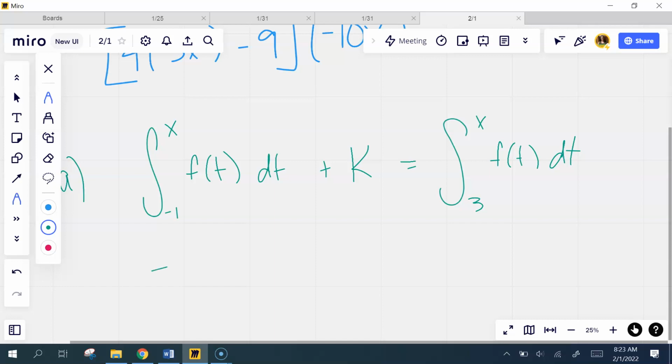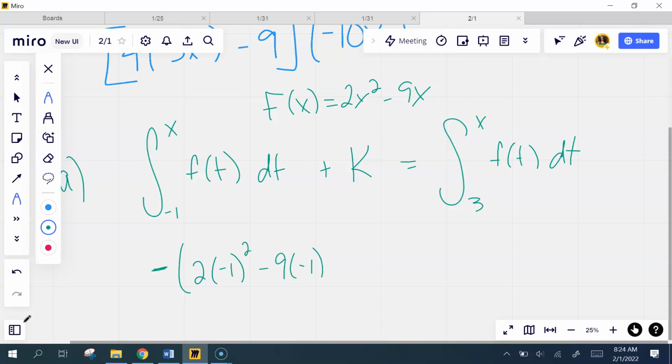So I'm not even going to write that because that's more work for me. But I am going to subtract, and then I'm going to plug in. Remember we said the antiderivative was 2x squared minus 9x. I'm going to plug in negative 1. 2 times negative 1 squared. You see why I have a negative in front of there, though? And then I'm going to plug in a 3.